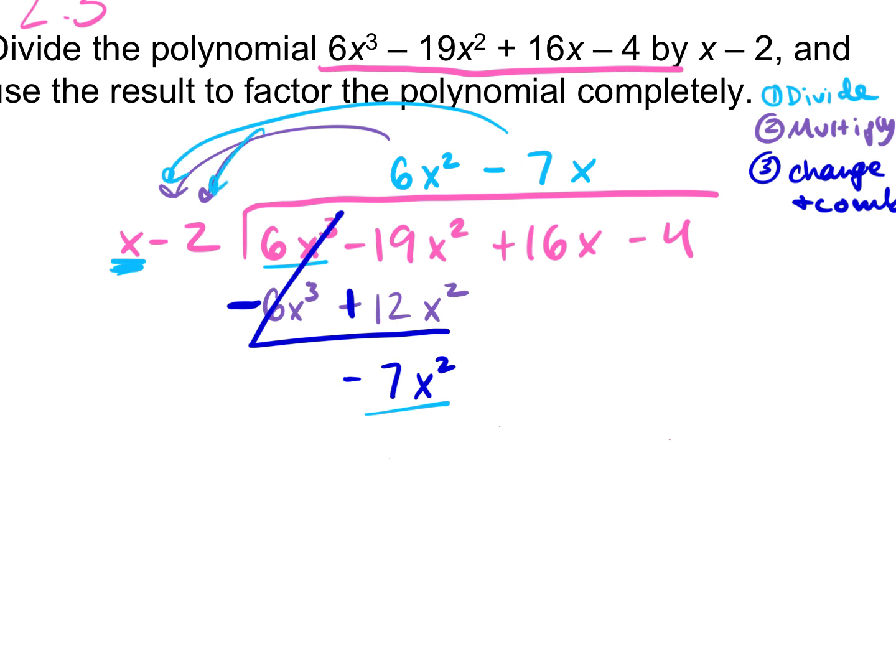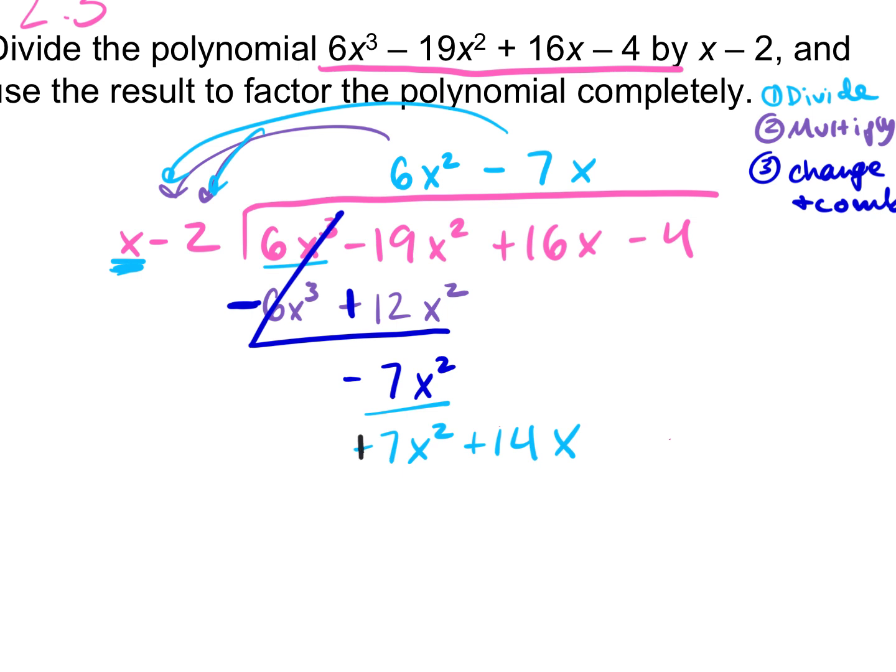So negative 7x times x would be negative 7x squared. And negative 7x times negative 2, positive 14x.